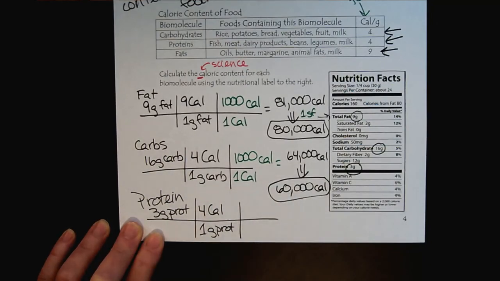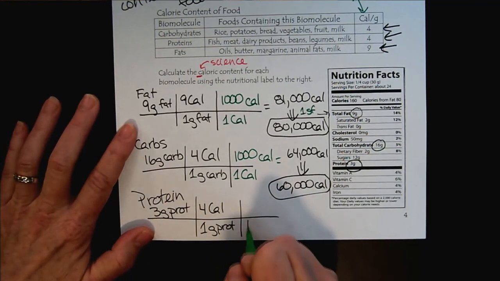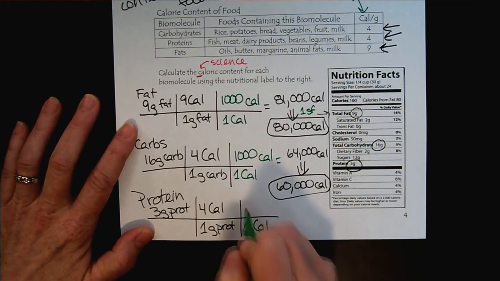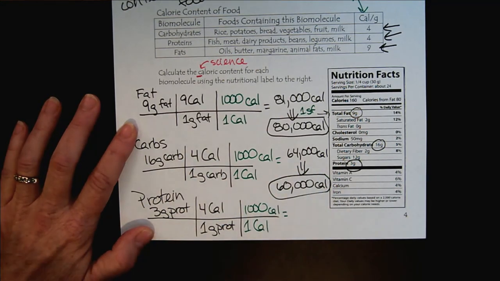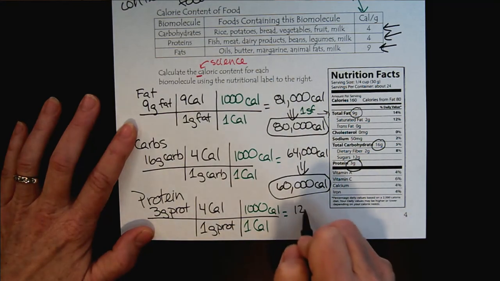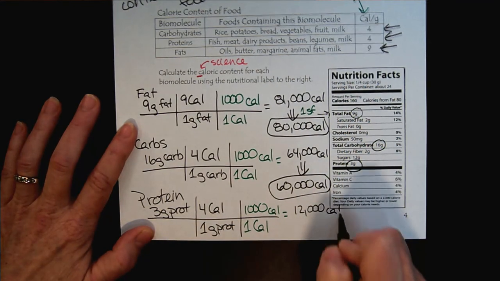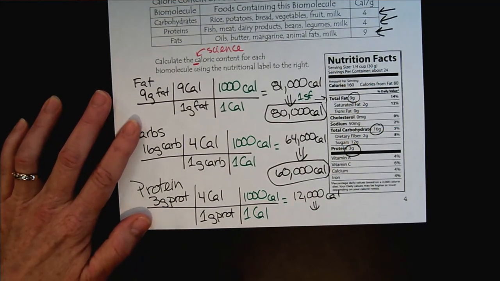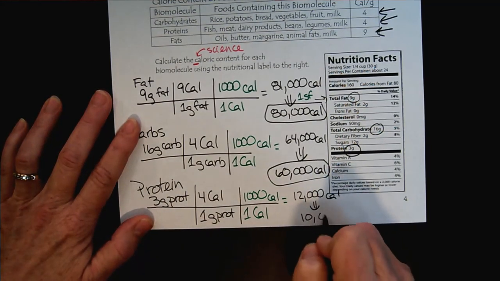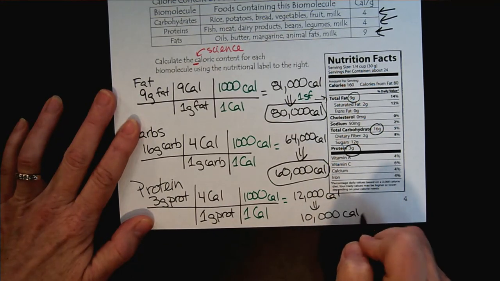And then, last but not least, the question wants to know in science calories. So we'll do that last conversion step. And our calculator spits out 12,000 science calories. But we're limited to 1 sig fig, so we would report the answer as 10,000 calories.